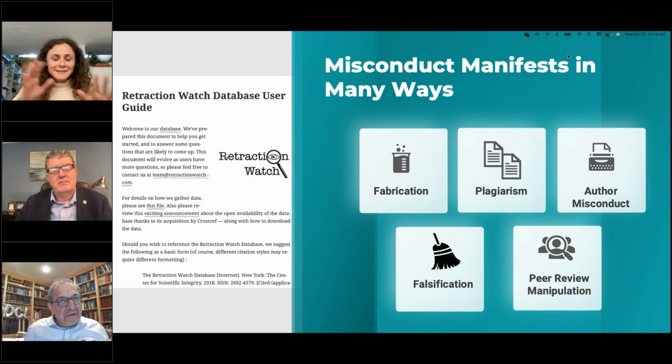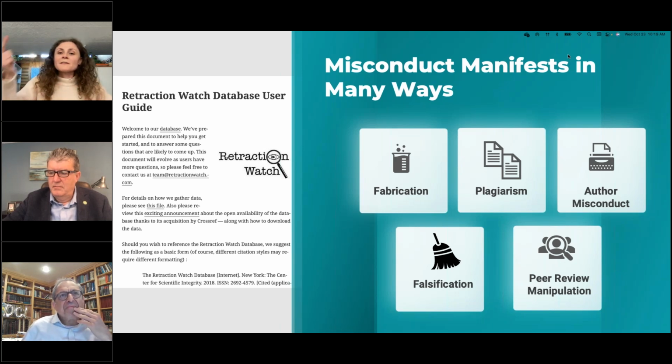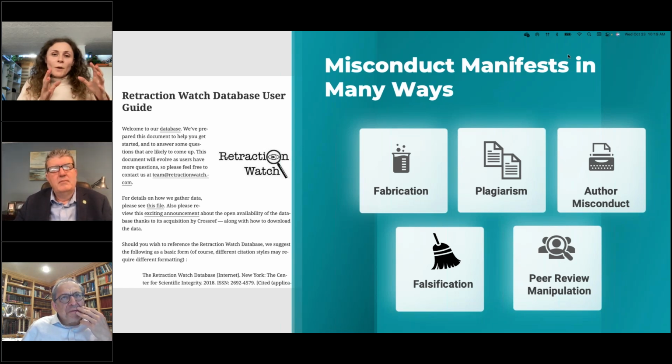Plagiarism as well, text and image, and this varies from simple copy-pasting someone else's writing, to processing it through additional tools to rephrase, or even copying someone's text in a different language and then translating it to English, which makes it even more difficult to detect as plagiarism.